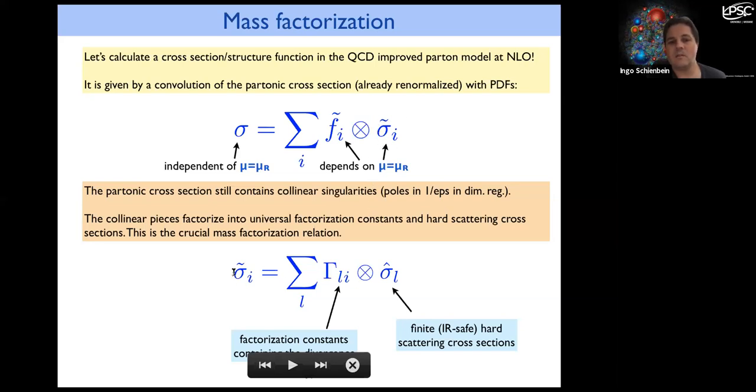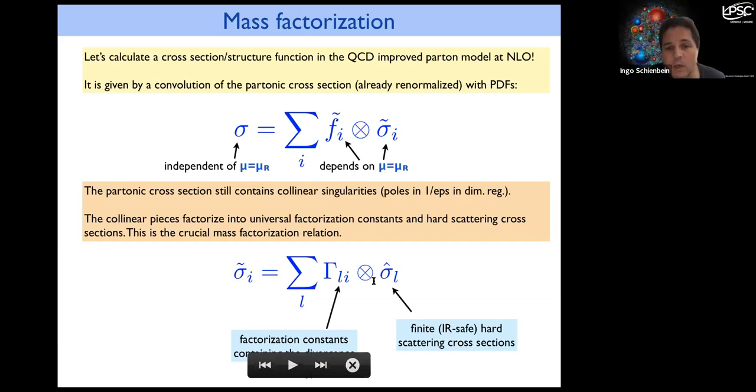Then the partonic cross section can be written as a convolution of universal mass factorization constants and an infrared safe short distance cross section.